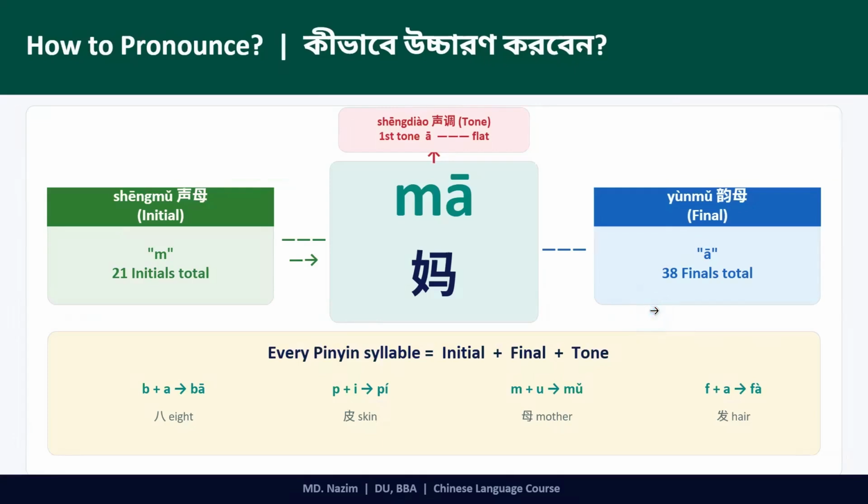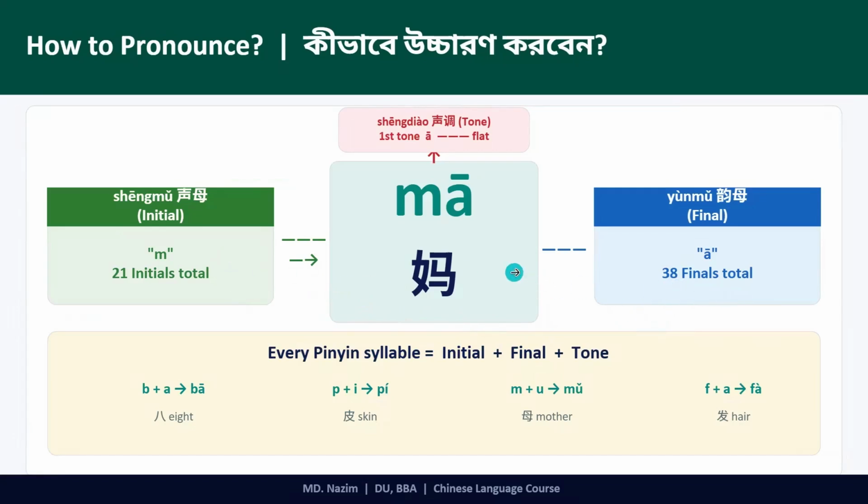Now let's see how a Chinese pinyin syllable is formed. Take the syllable ma. The letter M here is more in Chinese. More is called the initial. In Chinese pinyin, there are 21 initials and 38 finals.